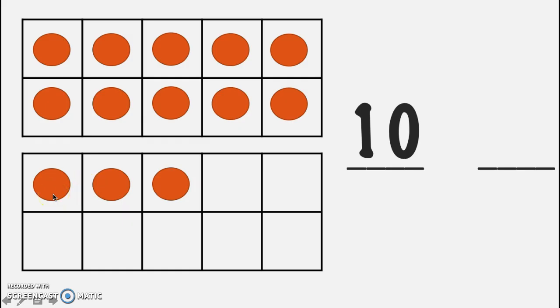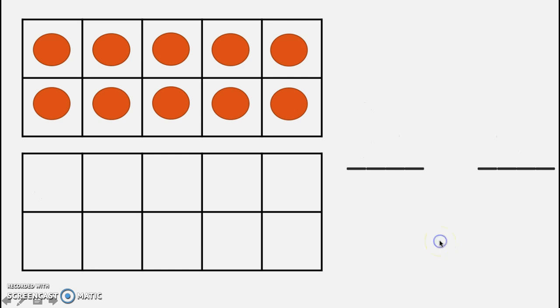How many were in the other 10 frame? Yeah, 1, 2, 3. So we could count it as 13, or we could say the 10 and then the 3 ones. So we could say 10, 3. That's describing the number the say 10 way. We actually say the 10, 10, 3.